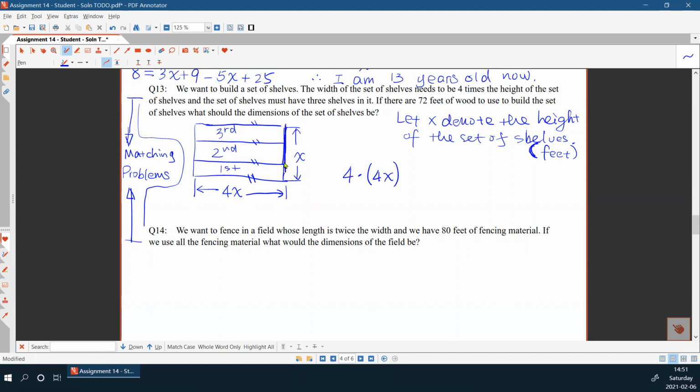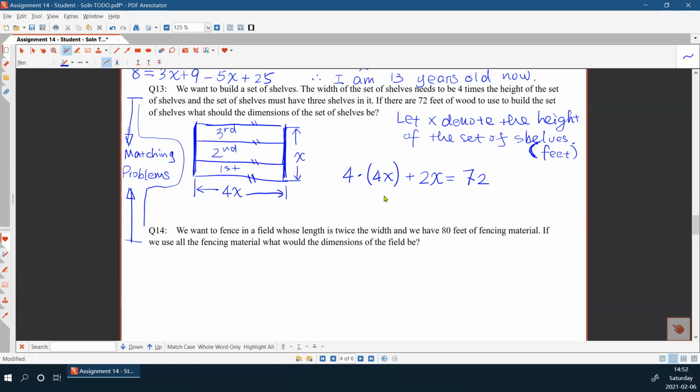And here we have 1x here and 1x on the other side. That means plus 2x. And how much materials do we have? We have in total 72 feet of wood, right? So 72 feet. That means 4 times 4x plus 2x equals 72, correct? Do you understand this step? This is our equation to find x.